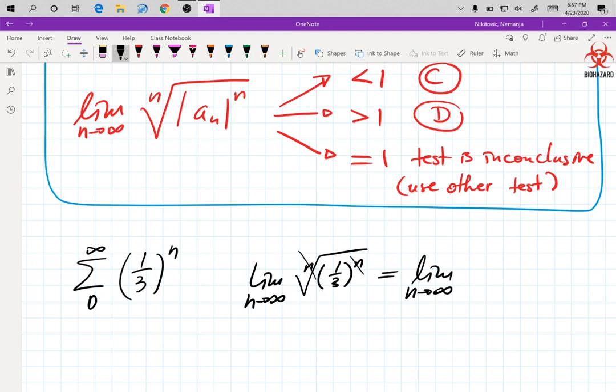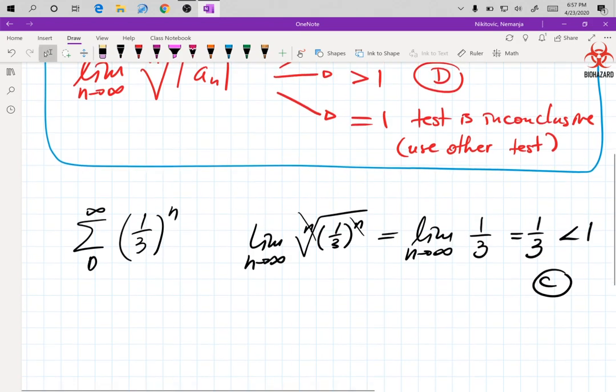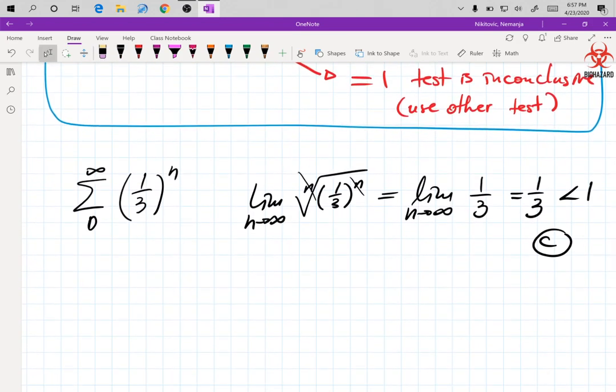Then the n's drop, and you just have 1/3. It's less than 1, so it converges. Done. There is nothing else to the test. Now we know this is a geometric series with r less than 1, so it converges. So this can be done using multiple methods. I will just verify this one example.